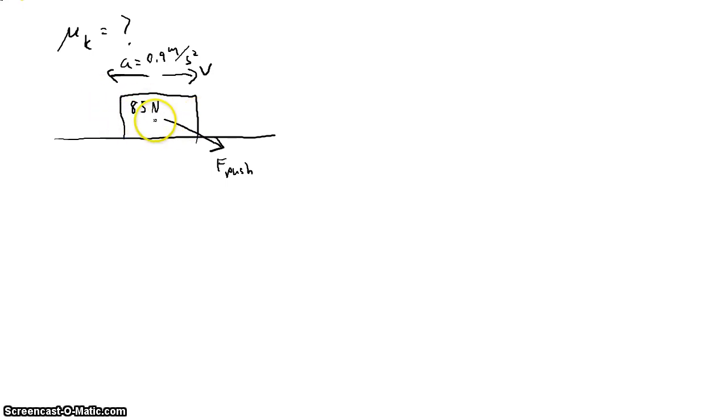We're also told that there is friction occurring, kinetic friction, since the object is in motion. That's our general sketch. Let's go ahead now and draw the official force diagram for this box. Just do a little dot here to represent the box. We have the downward force of gravity equal to 85 newtons.